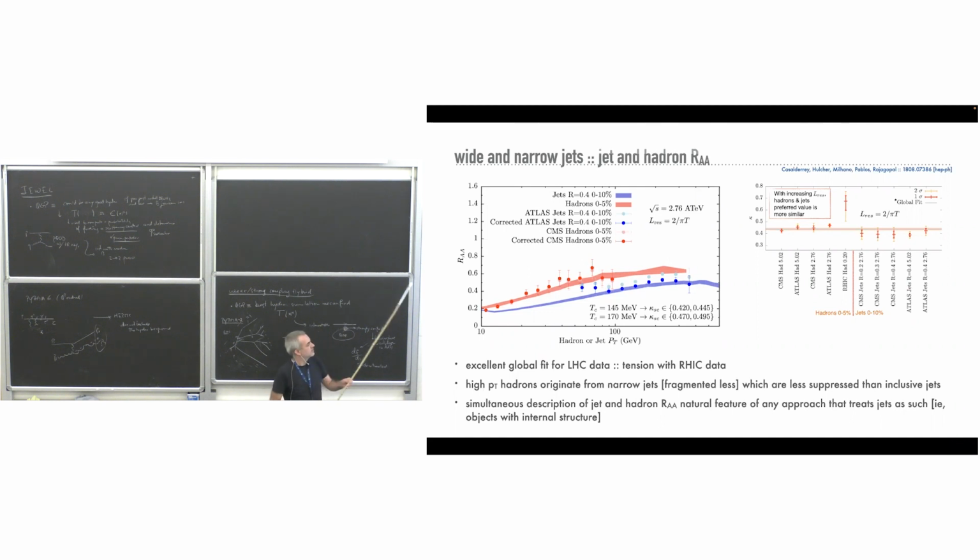Now notice something. When I say I reconstruct a jet with 100 GeV, I'm completely agnostic whether that jet has 2 particles or 50 particles. It could be something that fragmented very little or something that fragmented a lot.